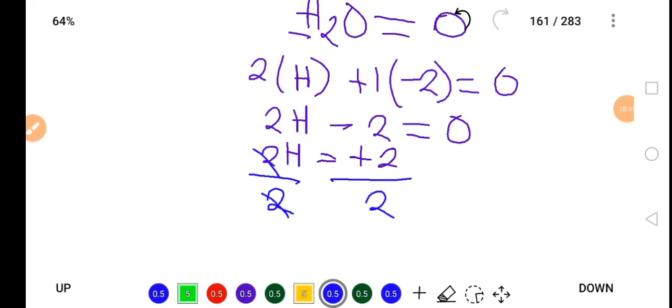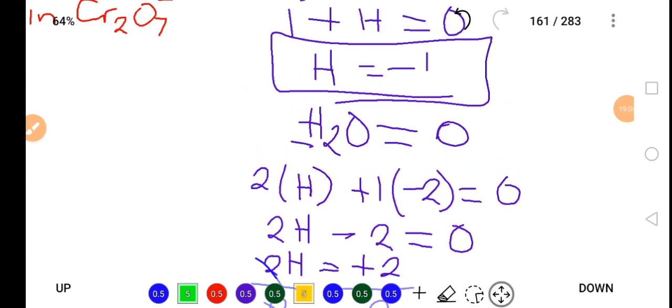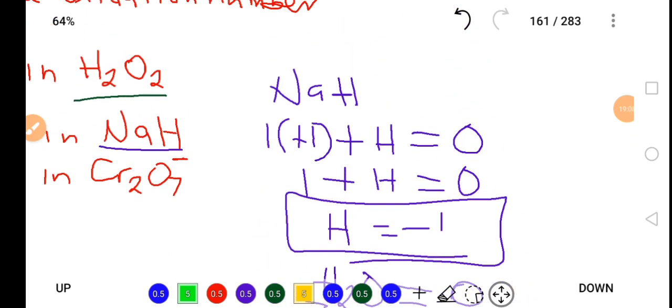So in water, the oxidation number of hydrogen is positive 1. That is very important. Very, very important. So you can see the difference: in other compounds, positive 1, but in hydrides, negative 1.